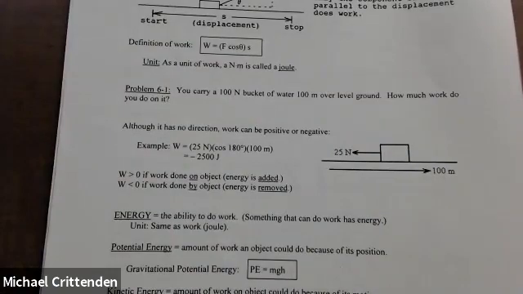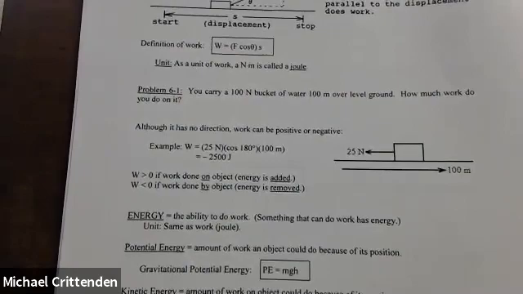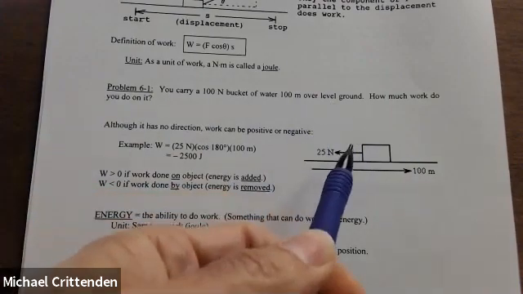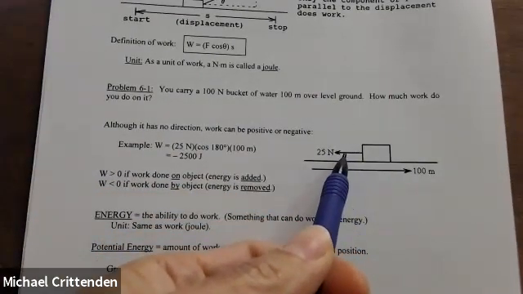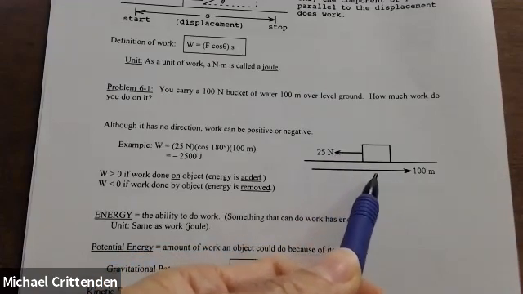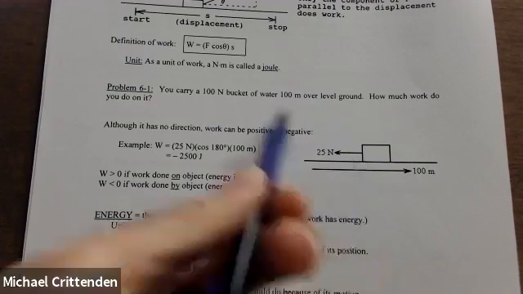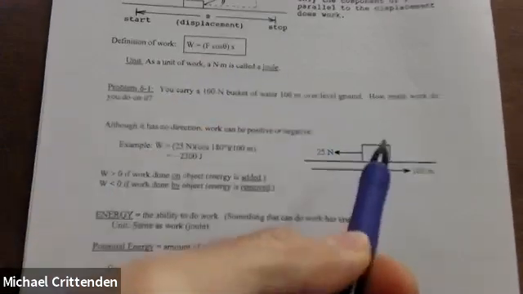I've already covered the next few sentences there. Although it has no direction, work can be positive or negative. Here we see a force that points in exactly the opposite direction that the thing is moving. Friction, for example, would behave that way.